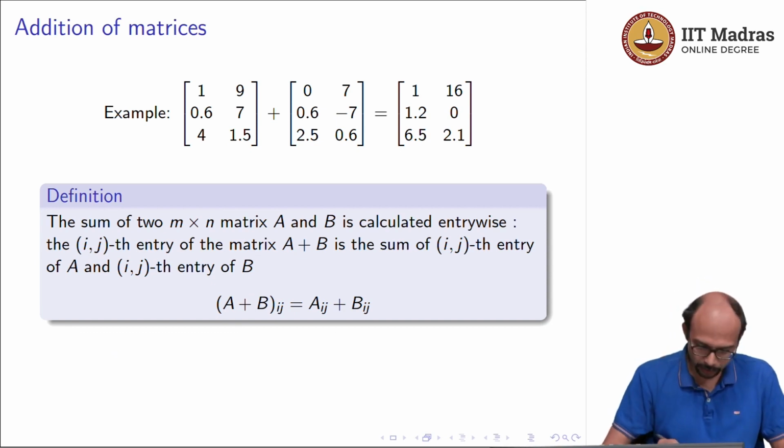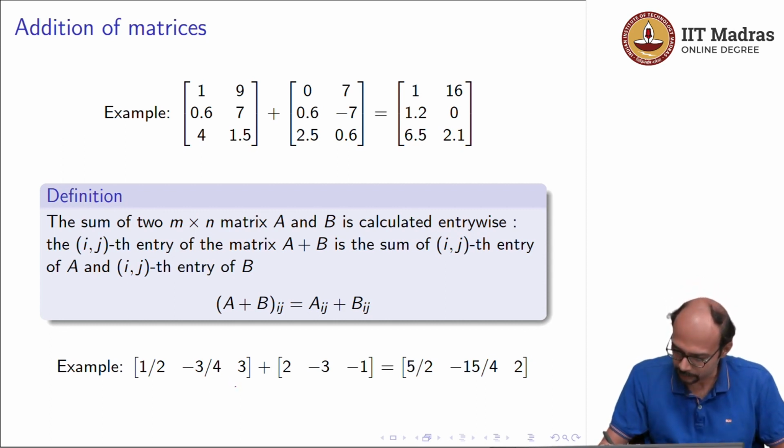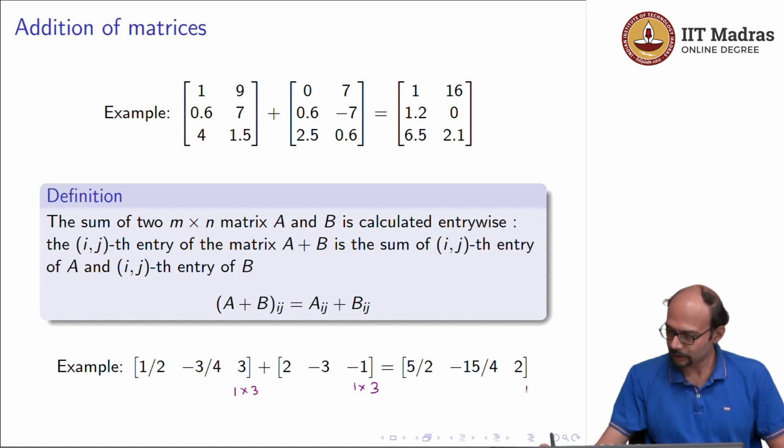Maybe one more example. Suppose we have these two matrices. This has 1 row and 3 columns, and this has 1 row and 3 columns. And so the resulting matrix also has 1 row and 3 columns. And how do we add these? We add these entry wise. For the first entry, that's the 1/1th entry, we have half plus 2, so we get 5 halves.